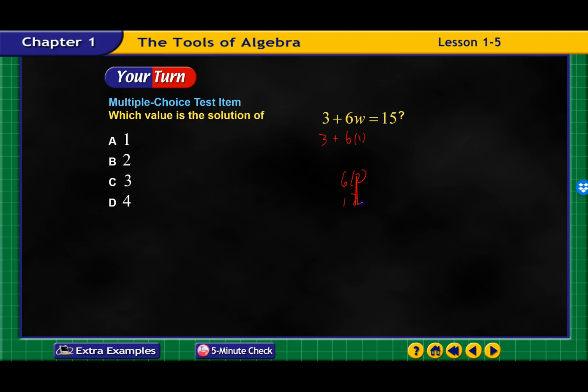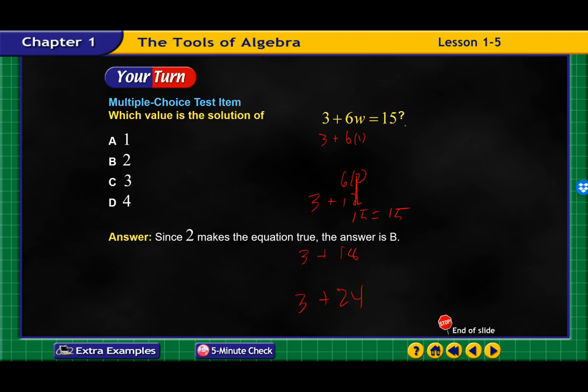That comes out to 12. 3 plus 12, that does equal 15. Just to make sure, 6 times 3 is 18 plus 3, that's too high. 4 times 6 would be 24 plus 3, also going to end up being bigger than 15. So the only answer that it can be is the letter B.